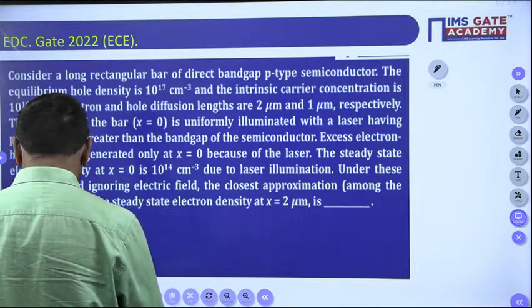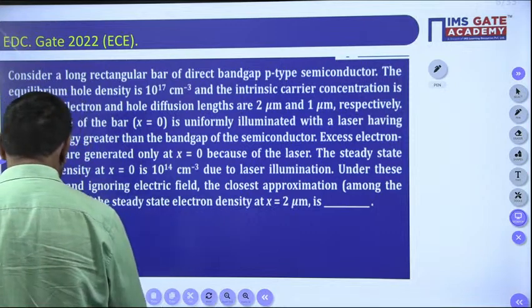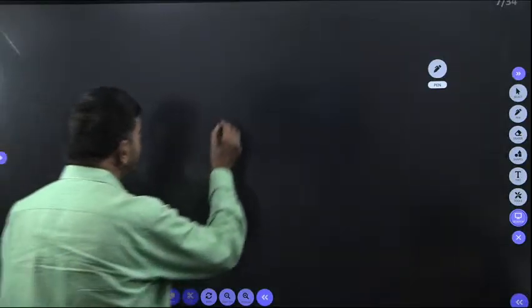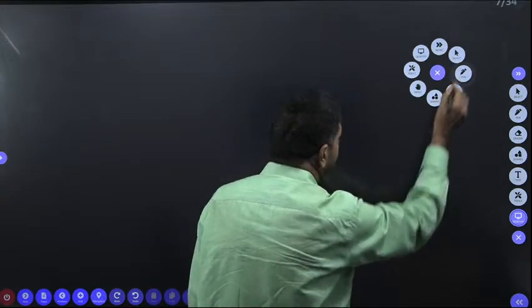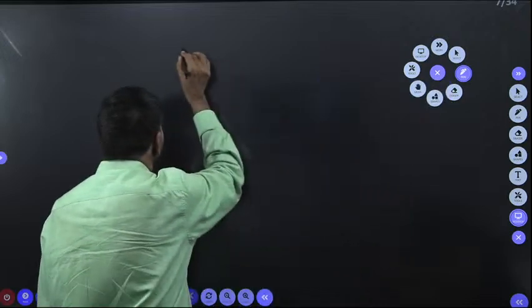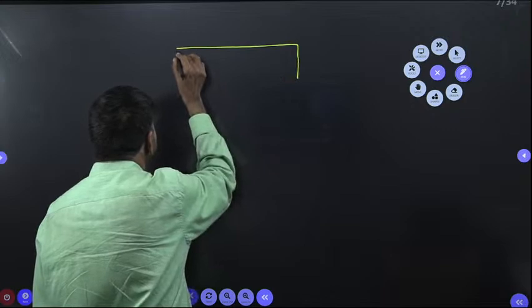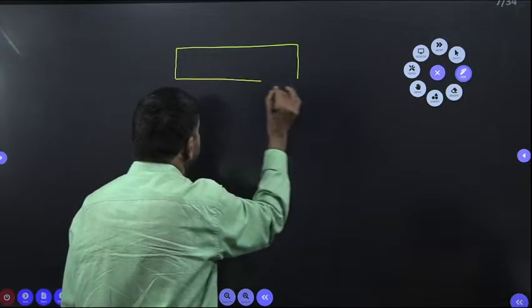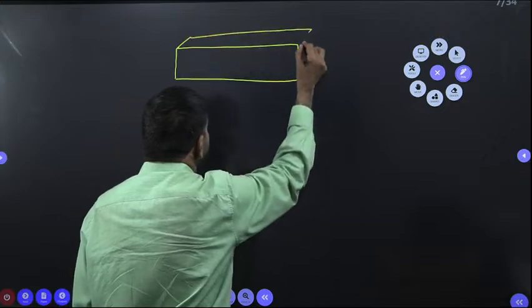This is given a rectangular bar, as I will draw here now. You please watch. This is one of the rectangular bars. There is one rectangular bar. This way we can draw.